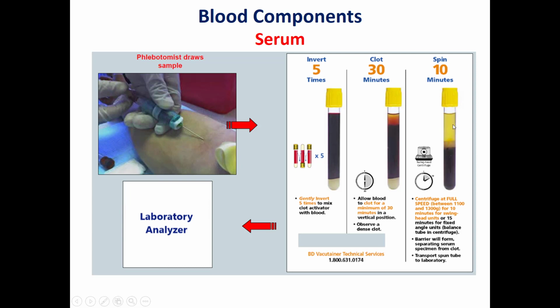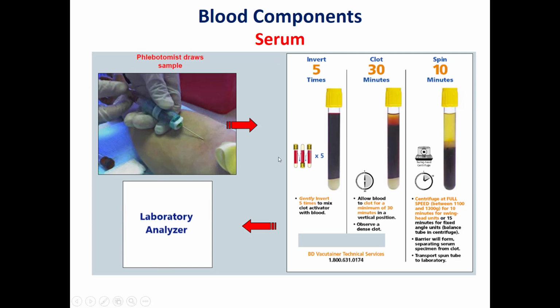So now we take the serum and we take a sample. For example, if we want to make an analysis of a specific test using a chemistry analyzer or immunoassay analyzer or even an electrolyte analyzer. So this is called the pre-analytic.